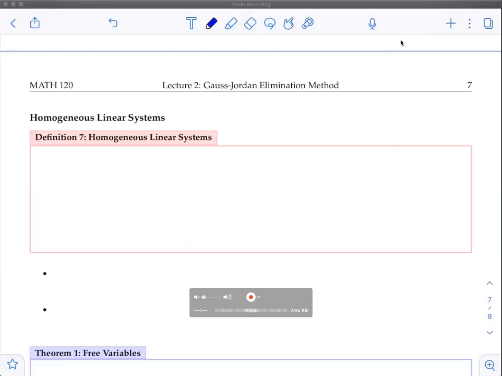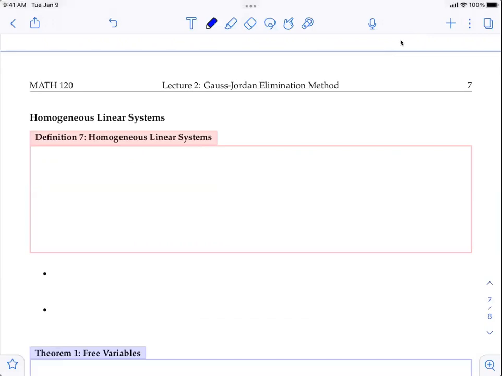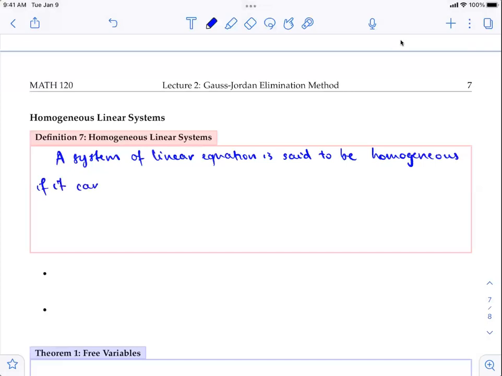Now, the next definition we're going to look at is called the homogeneous linear systems. All right. So a system of linear equations is said to be homogeneous if it can be written as Ax equal to 0.